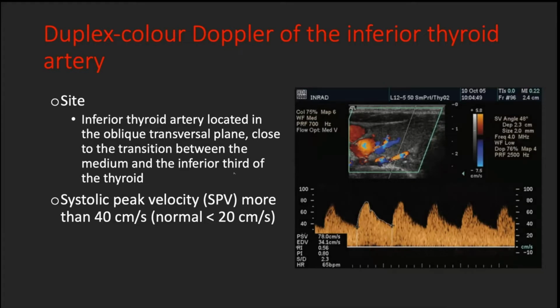Probably during the demonstration later on, she can demonstrate to you how to locate the inferior thyroid artery, because it is used in assessing whether the patient has Graves' disease or not. The machine will give the systolic peak velocity. If it is more than 40 centimeters per second, in certain journals, this is quite diagnostic of Graves' disease. So there is increased vascularity.